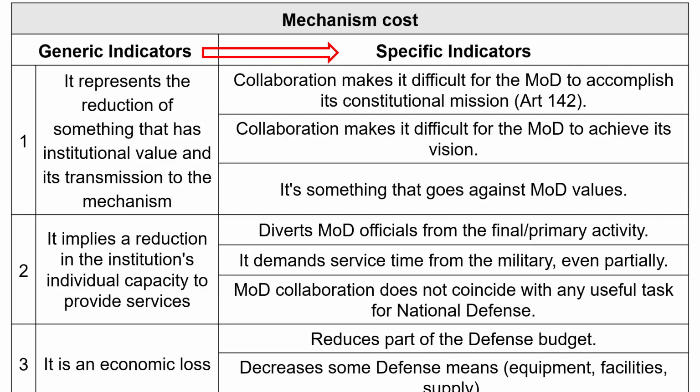Number two, about decreasing institutional capabilities. If something diverts defense officials from our primary mission, which is defense, sovereignty, etc., it decreases defense capability.